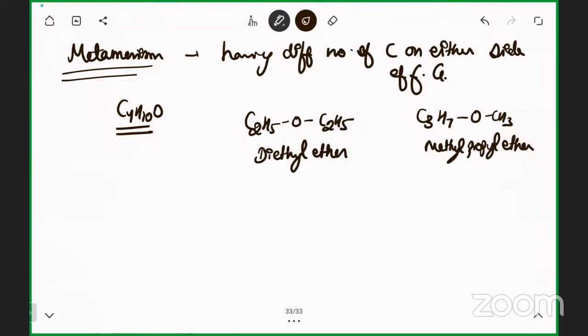One has 3 carbons on the left side, the right has 1 carbon. So such compounds are known as metamers, just because they are showing metamerism. One example we can also take of C5H10O, C2H5 CO C2H5. This is called diethyl ketone.